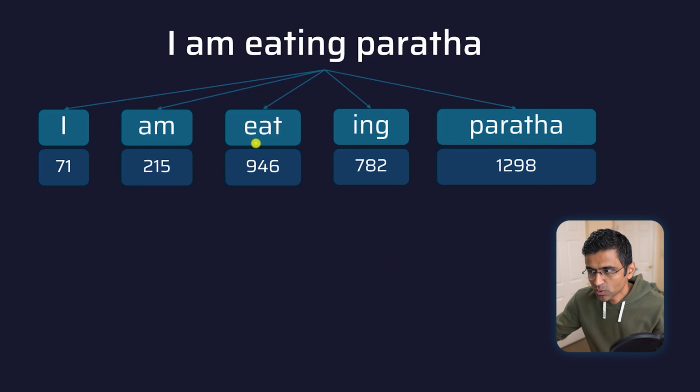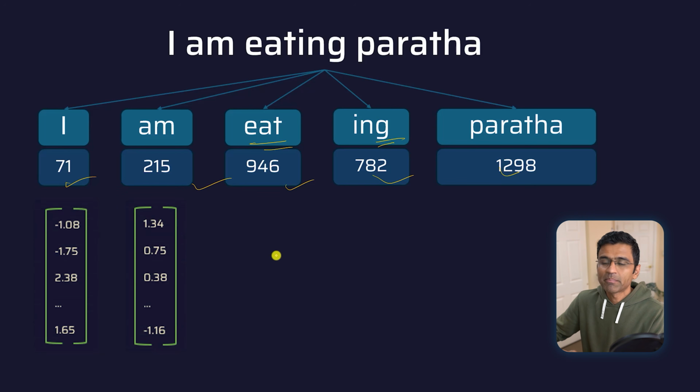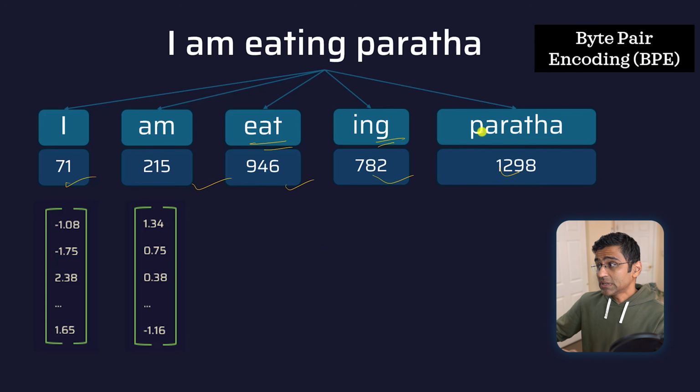But see, you can have tokens like eat and ing. They can be two different tokens. And these are the token IDs. Once you have split the sentence into tokens, you will create embeddings for each of these tokens. If you want to learn embeddings, by the way, you will find tons of videos on my channel, on the internet, etc. GPT uses something called byte pair encoding for creating these tokens.